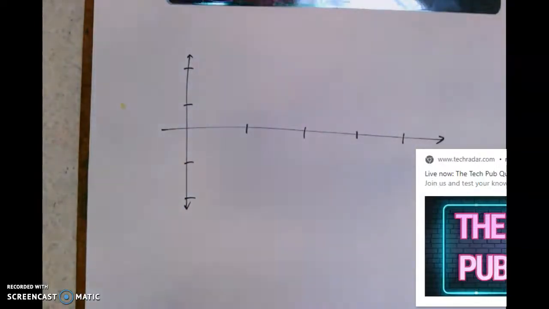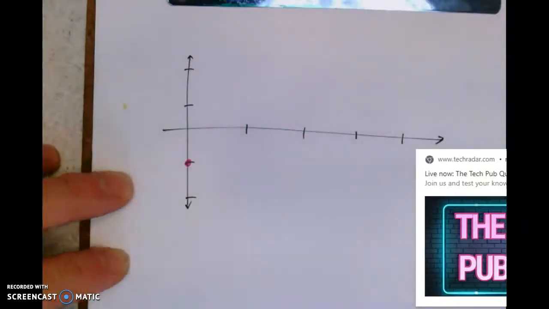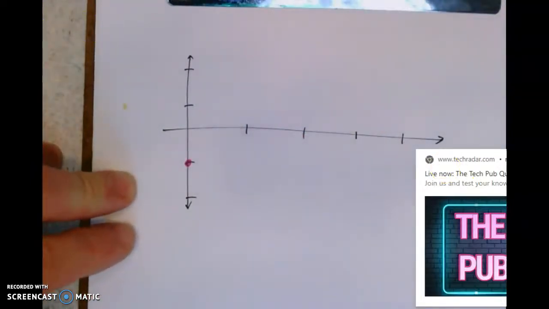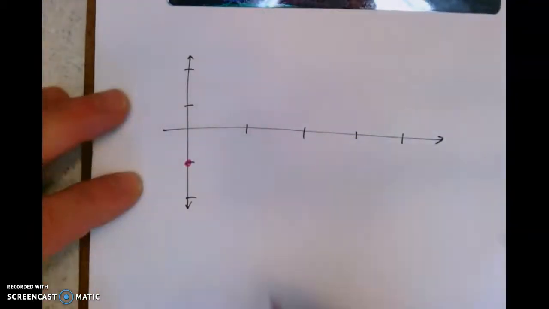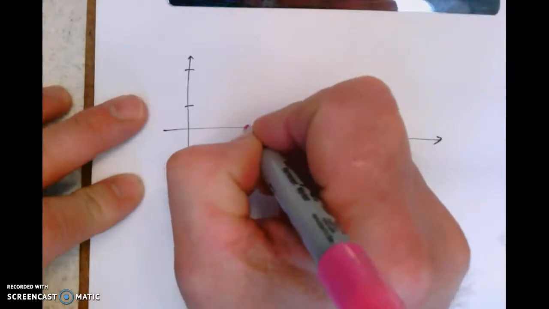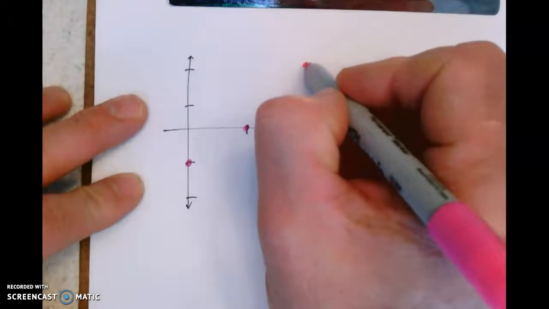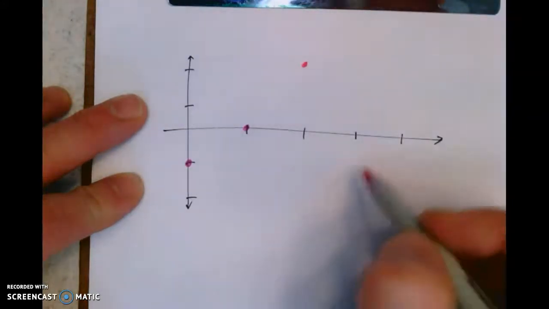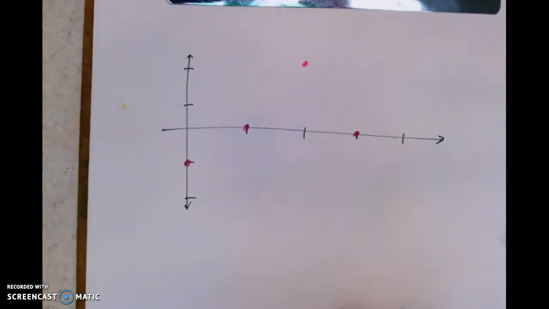So this is 0, negative 1. This is 1, 0. This is 2, 2. And 3, 0. And 4 is our unknown. Okay, so that's the first thing we do.